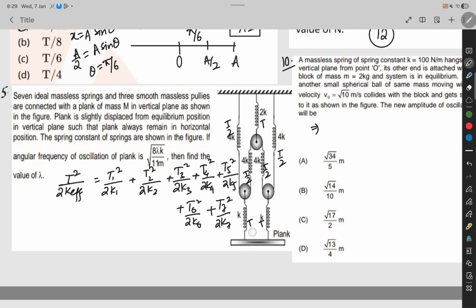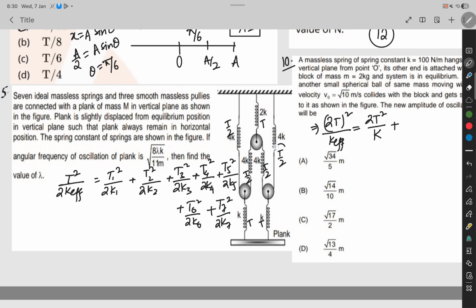This is T and T, both 2T, and this T is actually the tension at the mass side, so that will be 2T square by 2k effective equal to, all the 2 you can cancel out. This is T1, so this spring has T, so T square by k1, that is k, again T square by k, so I am just writing clearly 2T square by k.